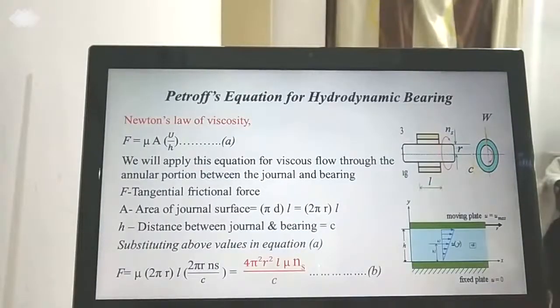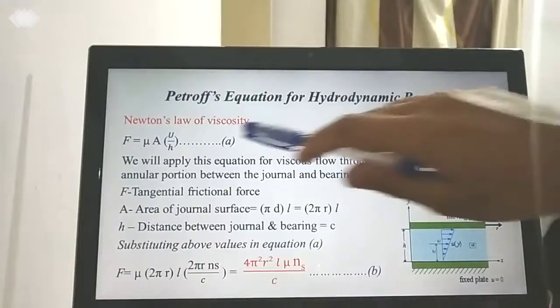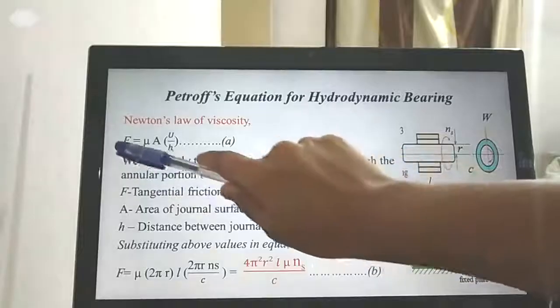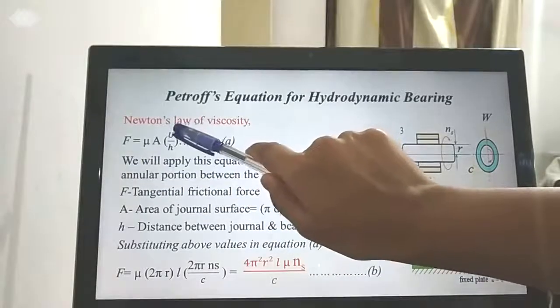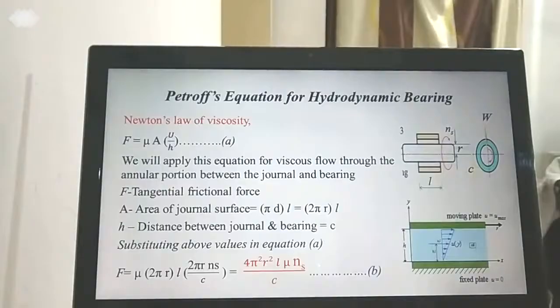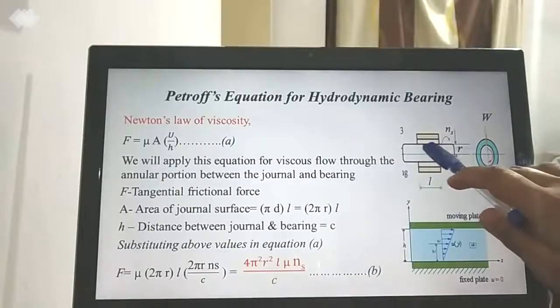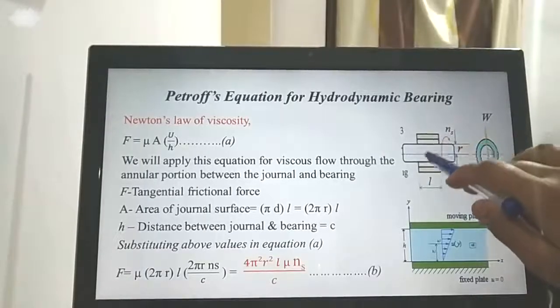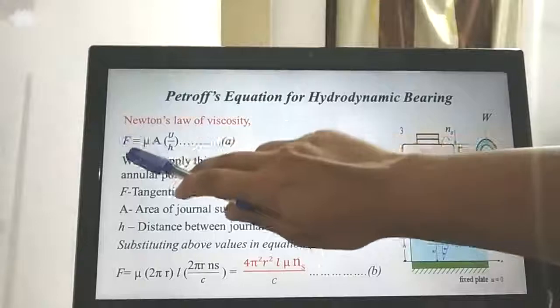Now let's refer to Newton's law of viscosity equation, which we already studied. We have the equation F is equal to mu A U upon H. We are going to apply this equation for viscous flow through the annular portion between the journal and bearing. Let's define the terms first.